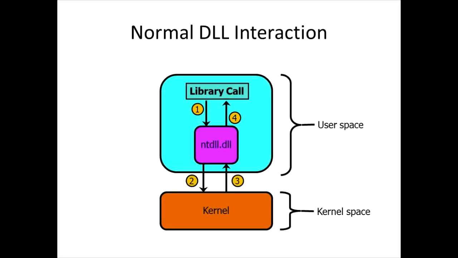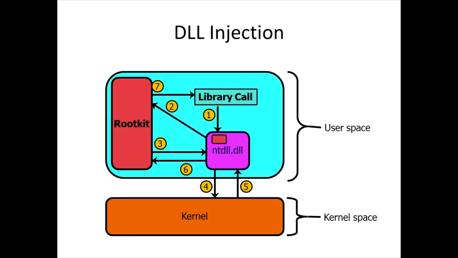And so that's the way things normally work. You want to talk to the operating system, so you go through some routine in a DLL which talks to the OS kernel to get the information that you need. When we talk about DLL injection, what you've got is malicious software that has infected the system and achieved some level of privilege on the system. Once it does that, it proceeds to infect other normal applications that are running on the system.